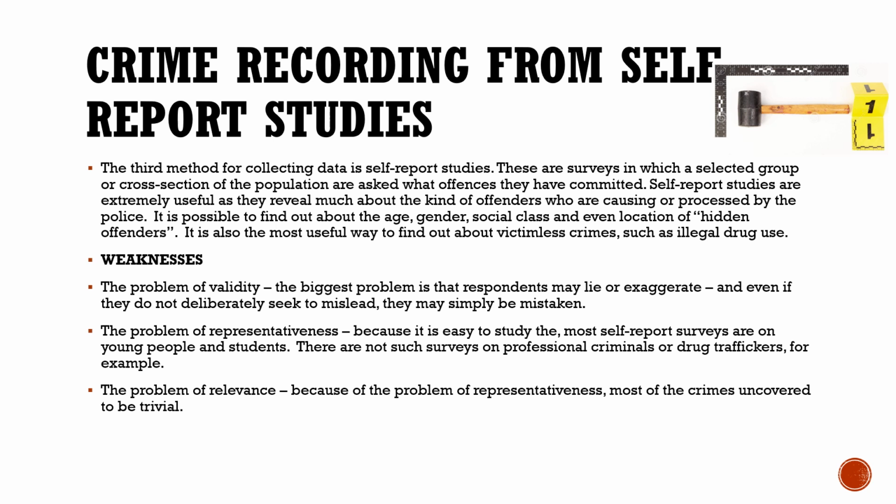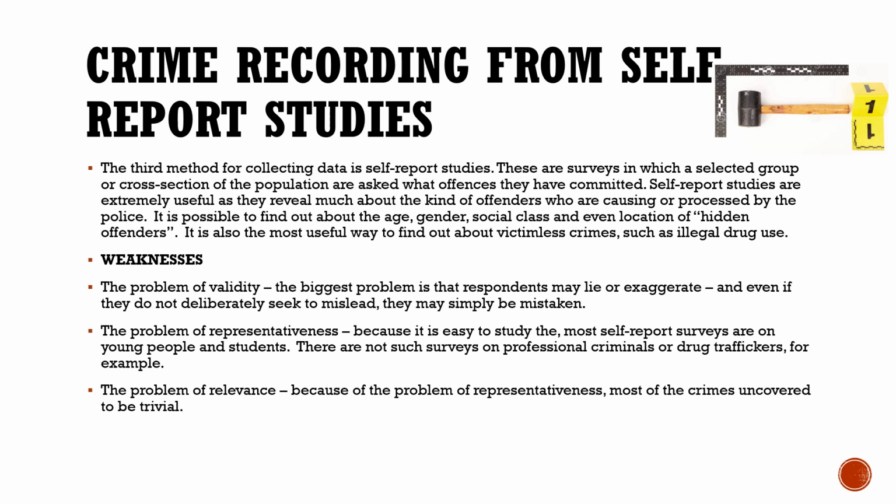And there are also issues of relevance. If you're going to do self-report studies, people may confess anonymously, so, yeah, I stole a book from a shop. They're not going to confess, yeah, I murdered like 27 people and I've not been caught yet.